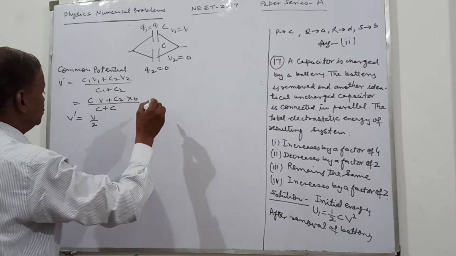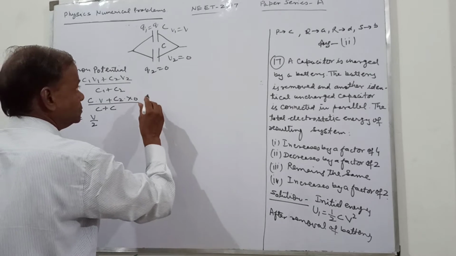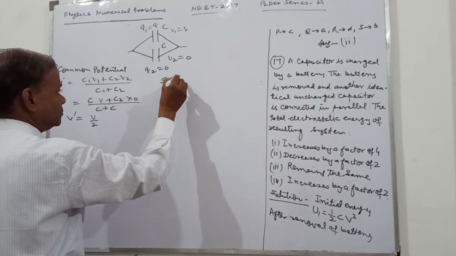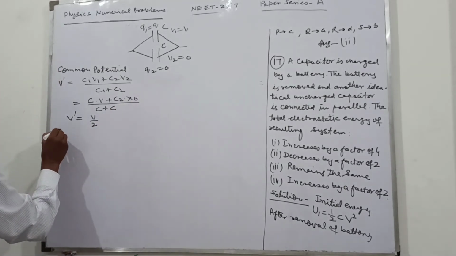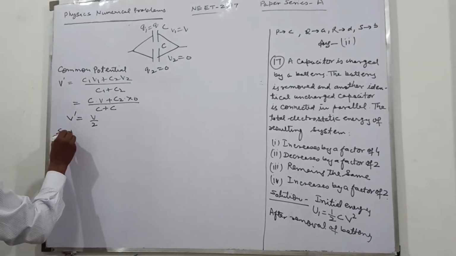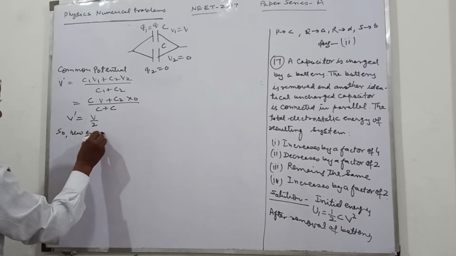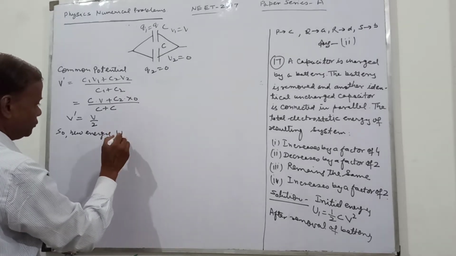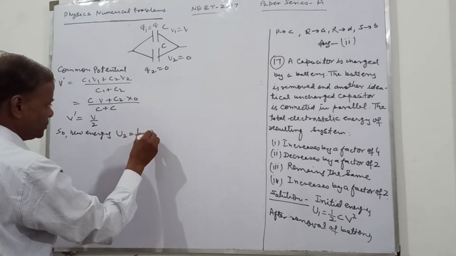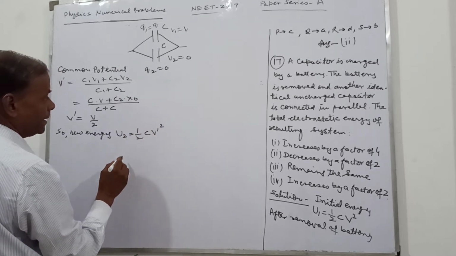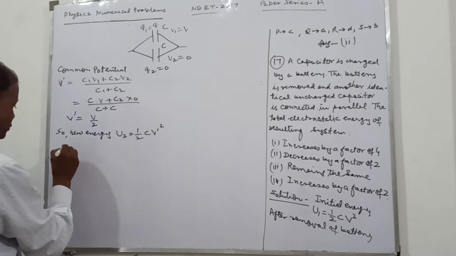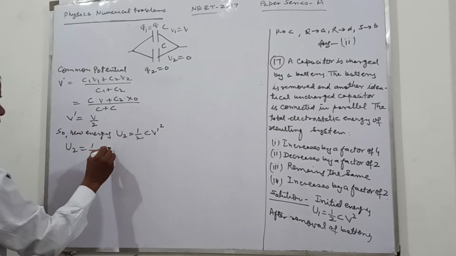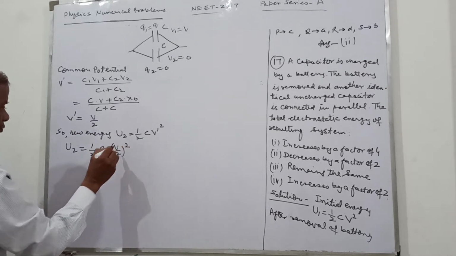So the new energy U dash, or U2, is equal to half C V dash square. Now V dash is equal to V by 2, whole square.